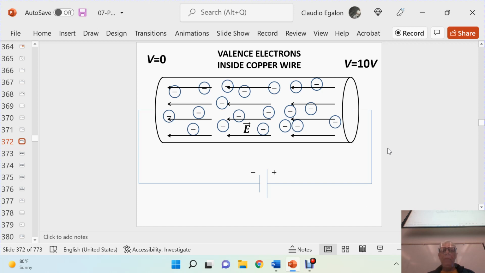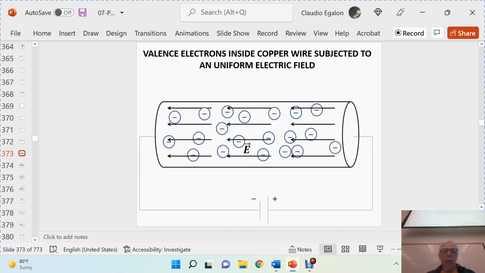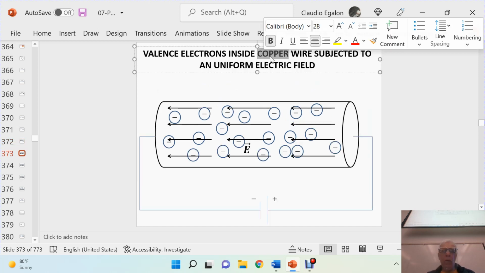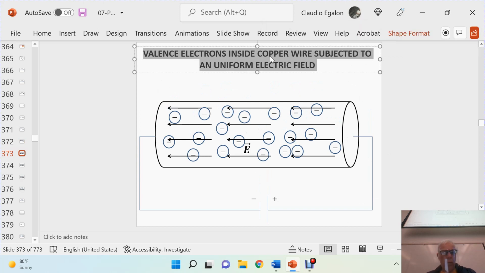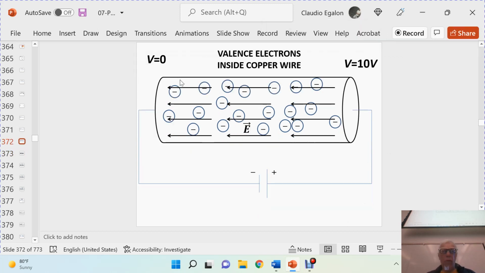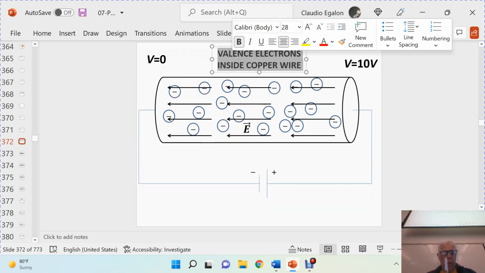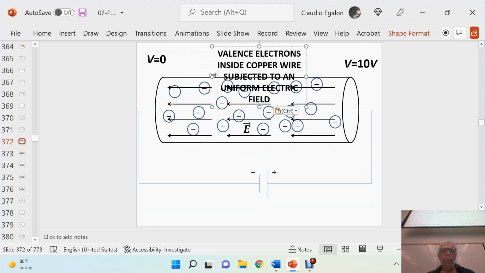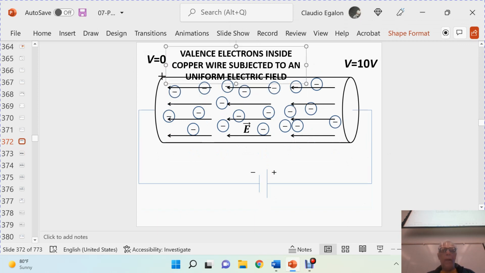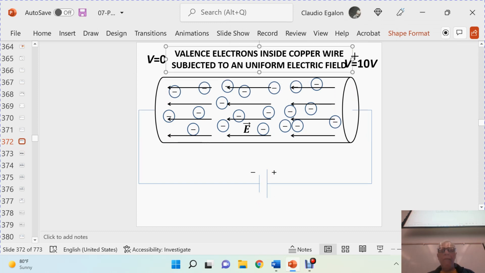Okay? And I'm gonna go to the next one. Here you go. Valence electrons inside copper wire subjected to uniform electric field. That's what happens in every wire that we have out there. It is a uniform electric field in general. Okay?